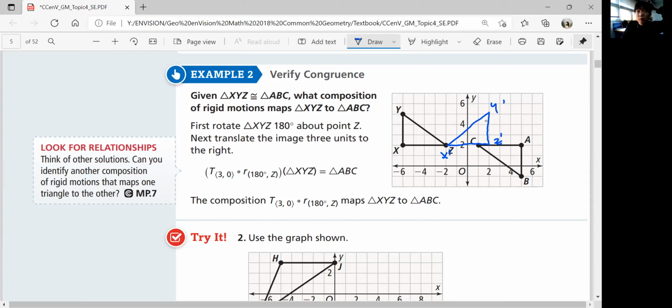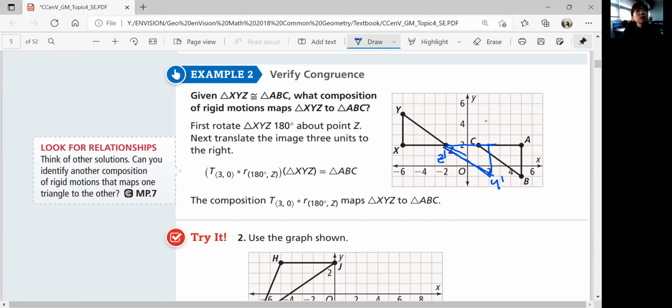And then you can move the image 3 units to the right. Oh wait, this is a reflection, I'm sorry. So you're going to rotate 180 degrees, so you have this, right?